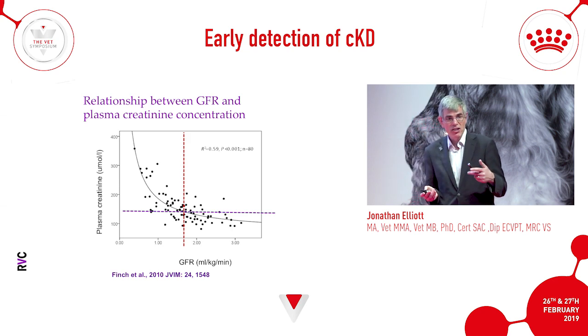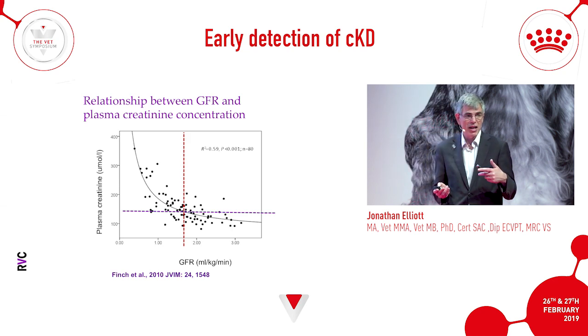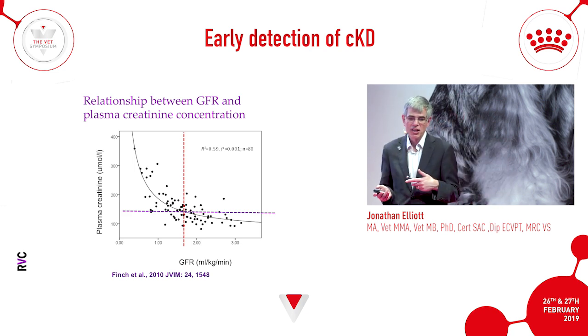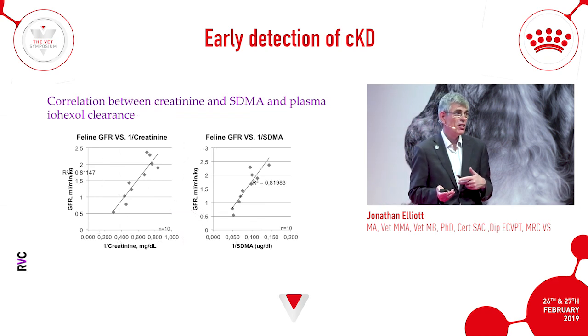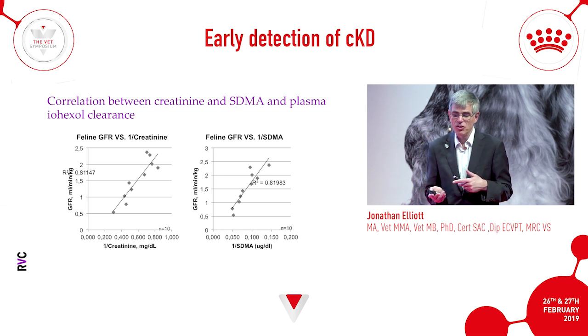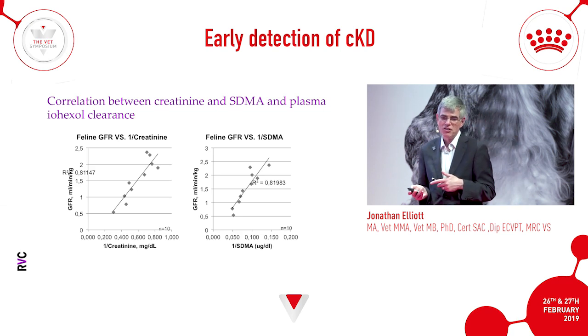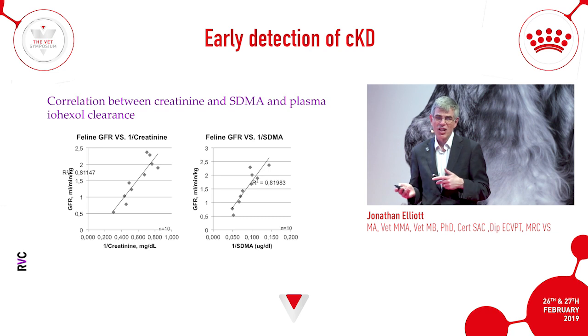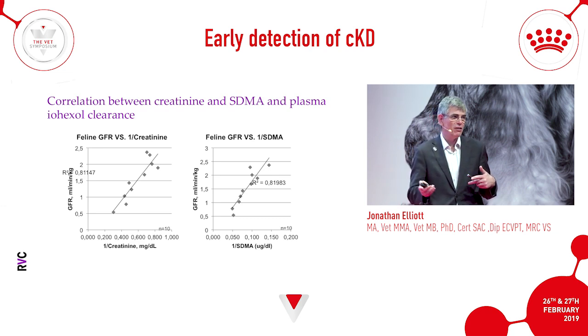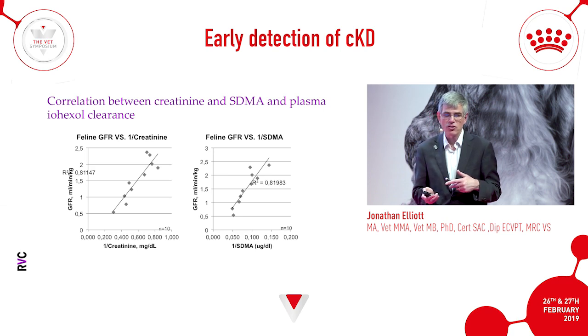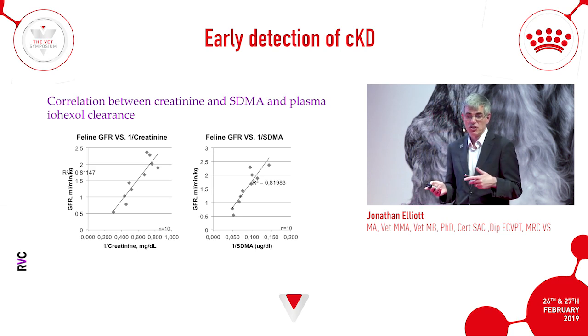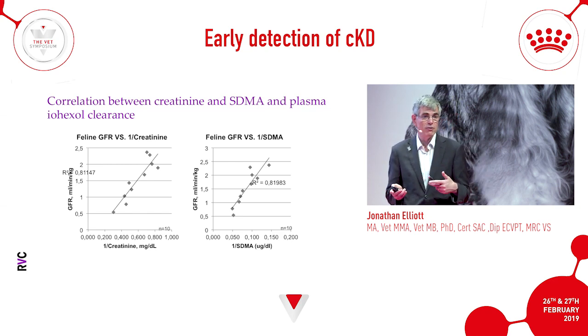But the same relationship will appear between SDMA and glomerular filtration rate. And if you look at glomerular filtration rate against 1 over creatinine, which is a way of making this linear, then you see that the R-squared value in these 10 cats that were selected to have a range of glomerular filtration rates is virtually identical to the R-squared value for the same relationship between SDMA and glomerular filtration rate.